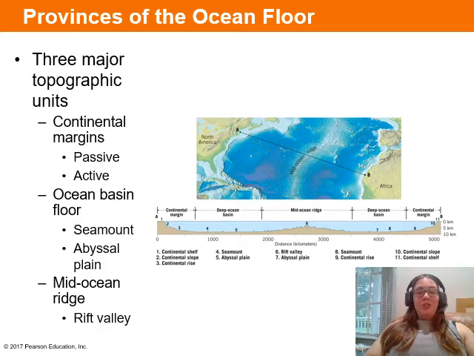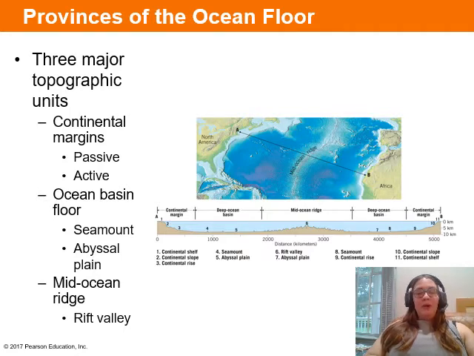But depending on which type of continental margin we're looking at, we're going to have very different topographic features, basically very different shapes in our seafloor beneath all of this ocean water. We're going to see things like seamounts, which are just undersea mountains, and abyssal plains, which are these very deep, flat areas of our oceans.